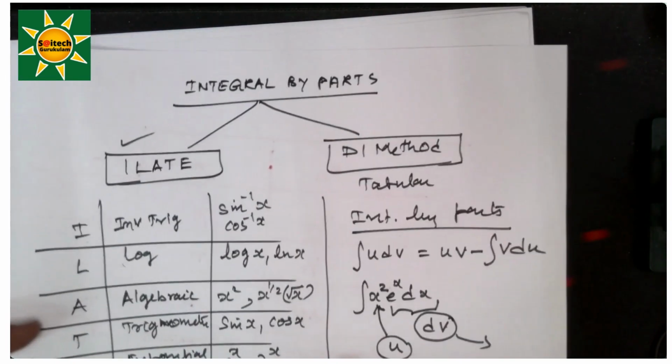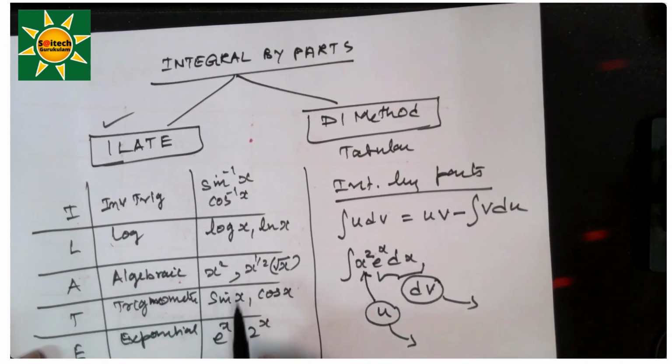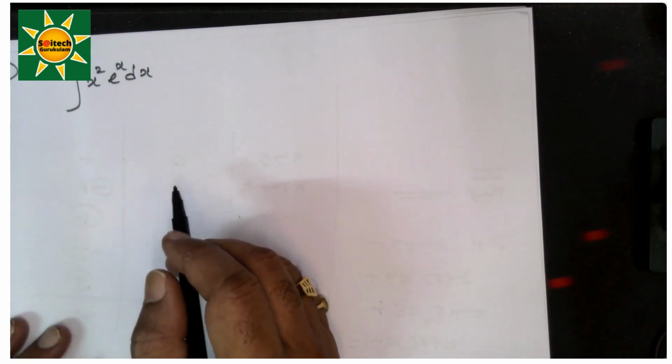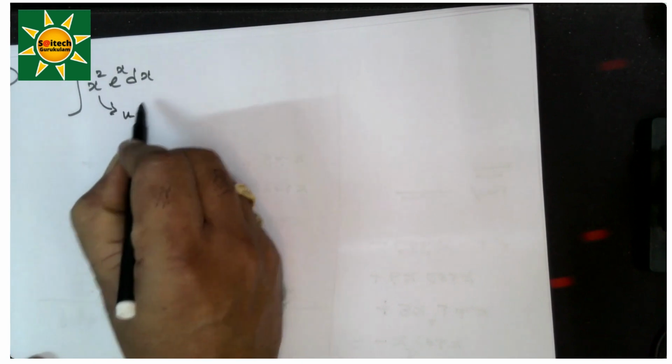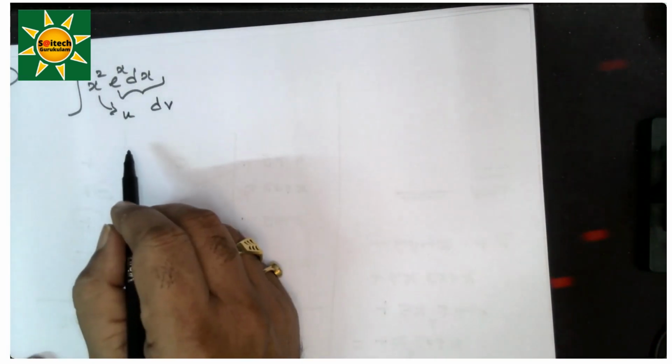We should be taken as u here, so u is algebraic x squared followed by exponential, so u is x squared here, so consider this as u and this as dv, right?